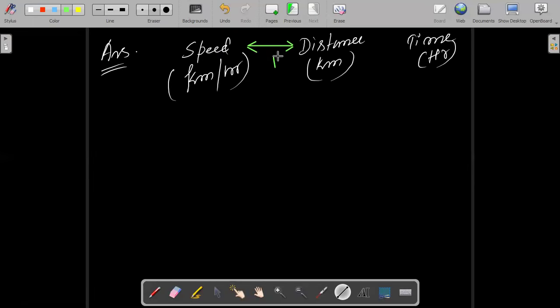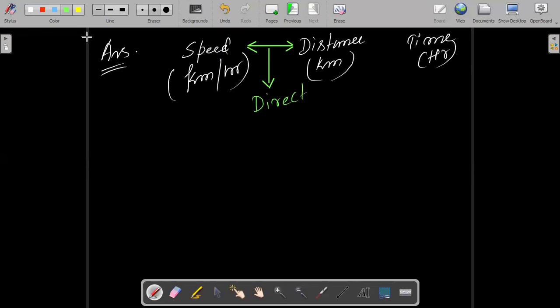So as per you, it is direct relation, right?